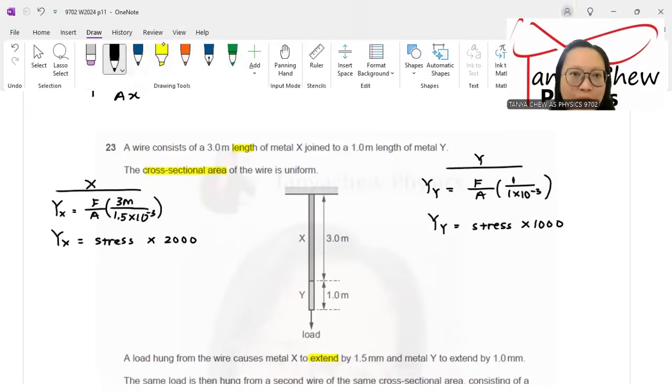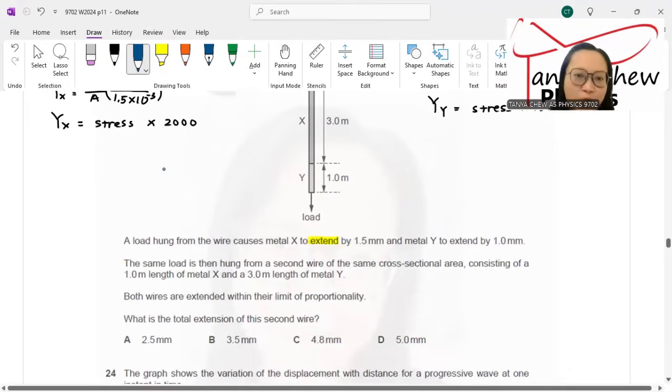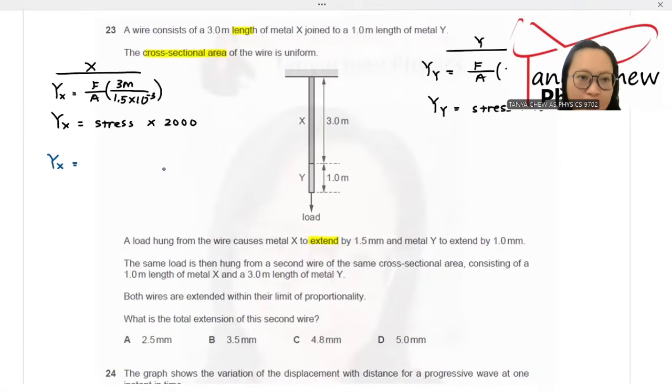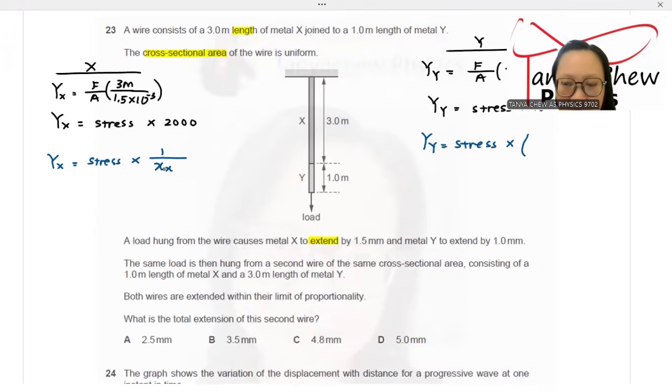Now, after that, what happens is that they shorten the length of X and they prolong the length of Y. Now, still the same thing, Young modulus of X, stress multiplies by original length of X now is 1 meter. Extension of X, I don't know. And what about Y? Young modulus of Y, stress multiplies by the original length of Y has been changed to 3 meter. Extension of Y, I don't know.